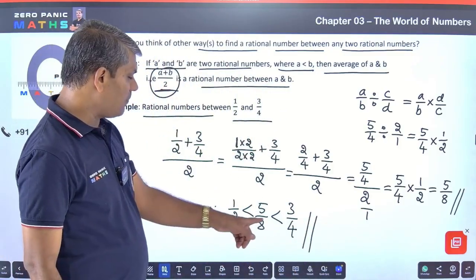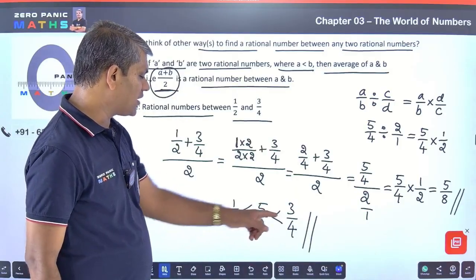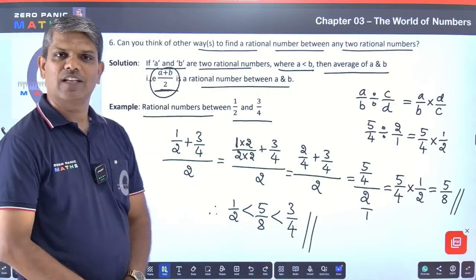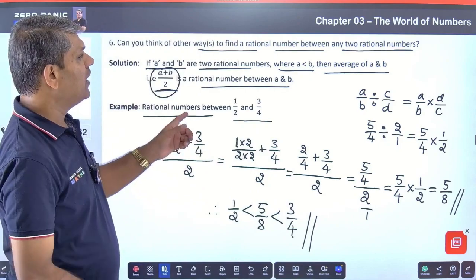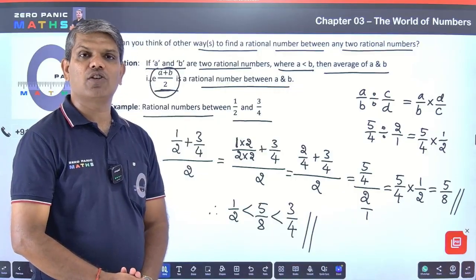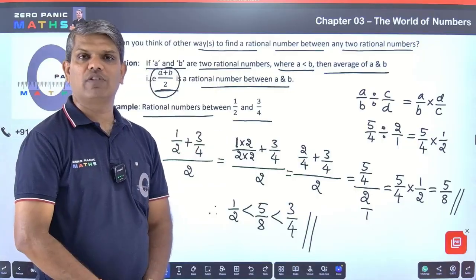By this representation, I am saying that 5 by 8, which is the average of these two fractions, lies between these two fractions. That is what they wanted. So the method we are suggesting is that taking the average of the fractions always gives you another fraction that lies between the two given fractions.